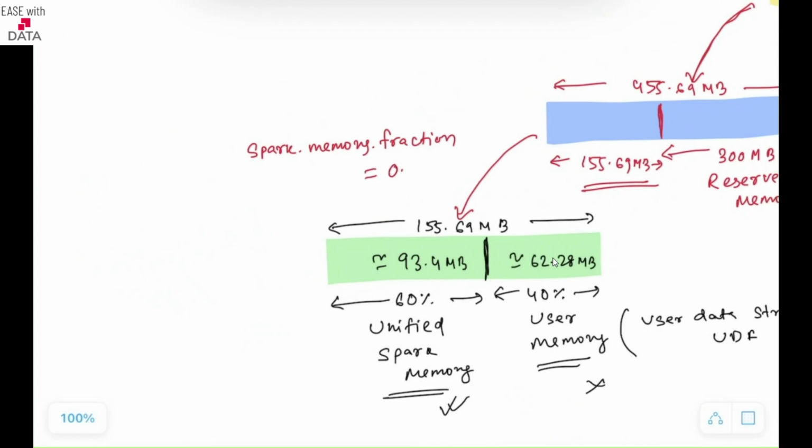It is set to 0.6. It means whatever memory is there, you just multiply it with 0.6. That would be the memory for Spark Unified. Rest would be used by user memory. So our 60% here is used by Spark, and the rest 40% is used by user memory. If you want to change this, you have to change this particular Spark configuration. If you change it to 80%, your Spark memory would be 80%. The default value is set to 0.6.